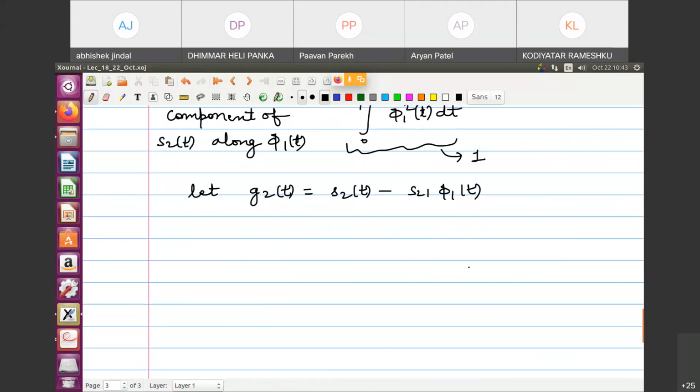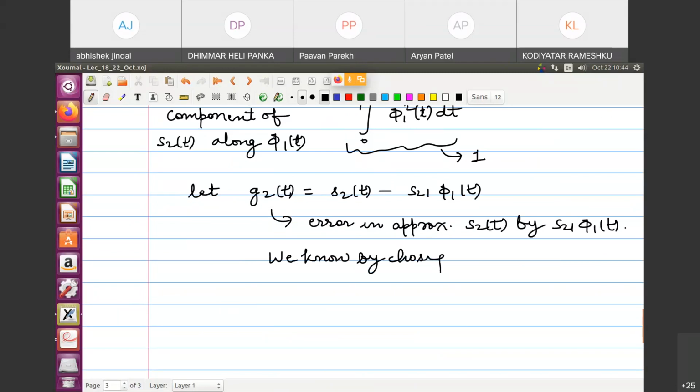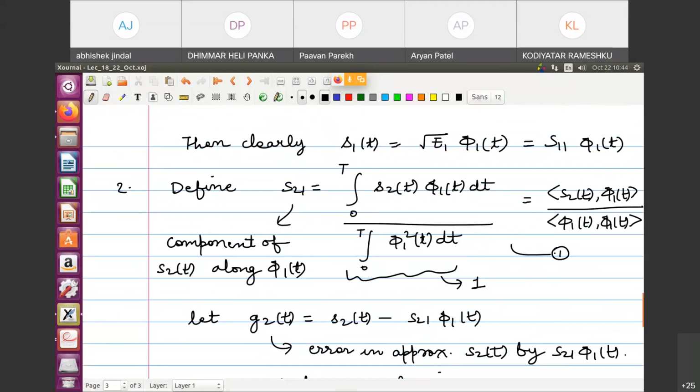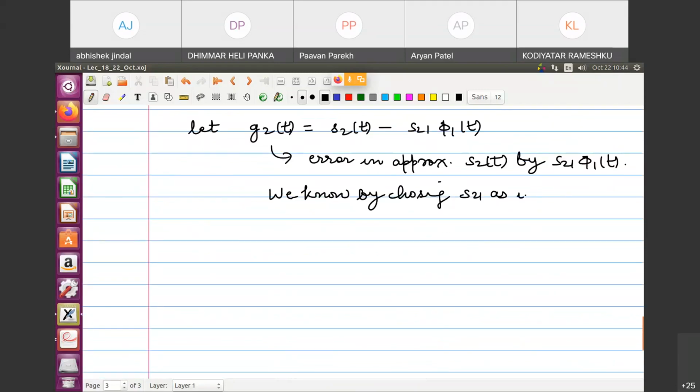So what we have done is, this is basically the error in approximating S2(t) by S21 phi 1(t). We know by choosing S21 as in equation 1, G2(t) would be orthogonal to phi 1.